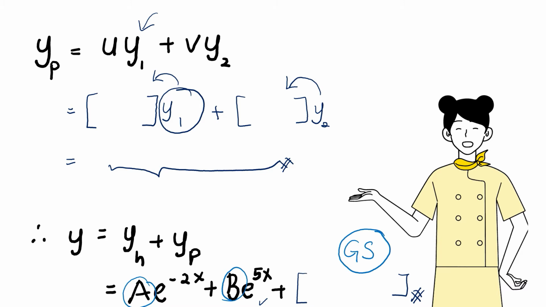If initial conditions or boundary conditions are given, then you can substitute into your y, which is your general solution, in order to get the particular solution. I hope you can understand how to solve the second order linear differential equation with constant coefficients by using the variation of parameters method.